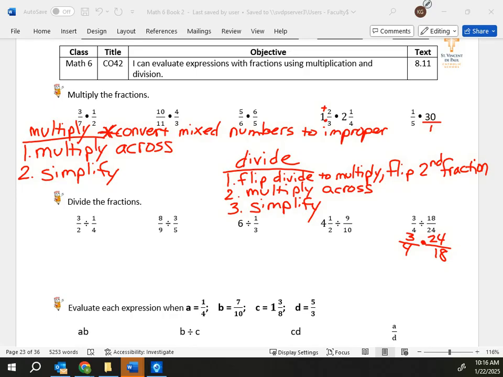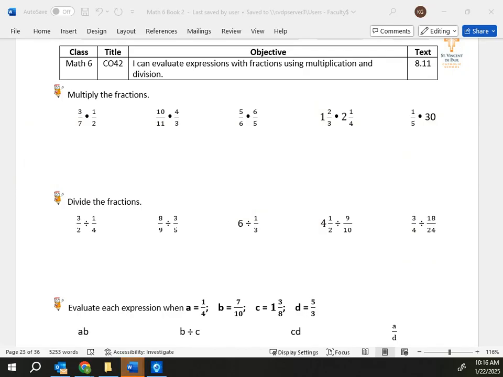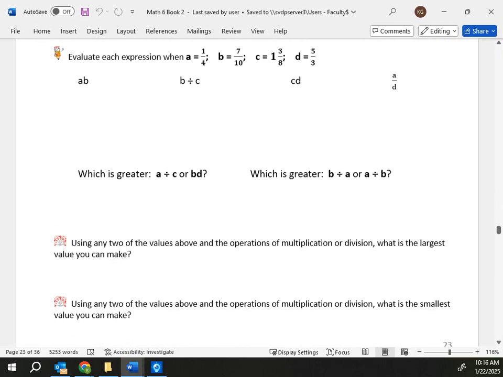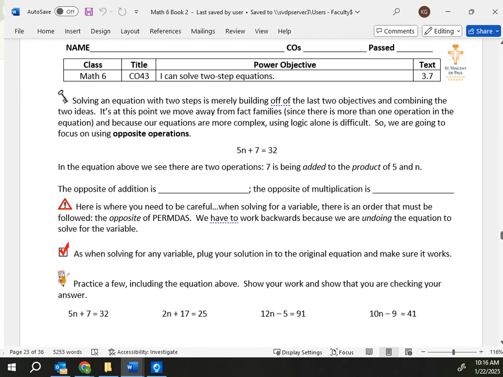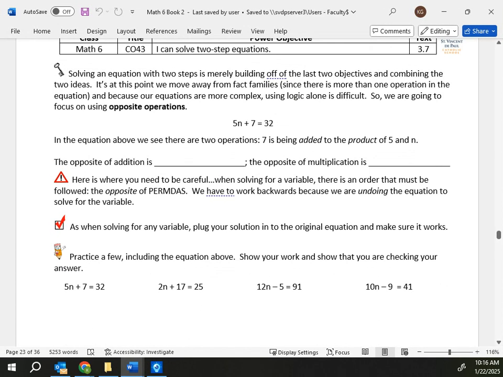Okay. All right. So let's look at our last objective. This is the one that I said we need to really make sure that we are following the steps so we don't forget steps. When we do two-step equations, you're going to want to put SADMER.